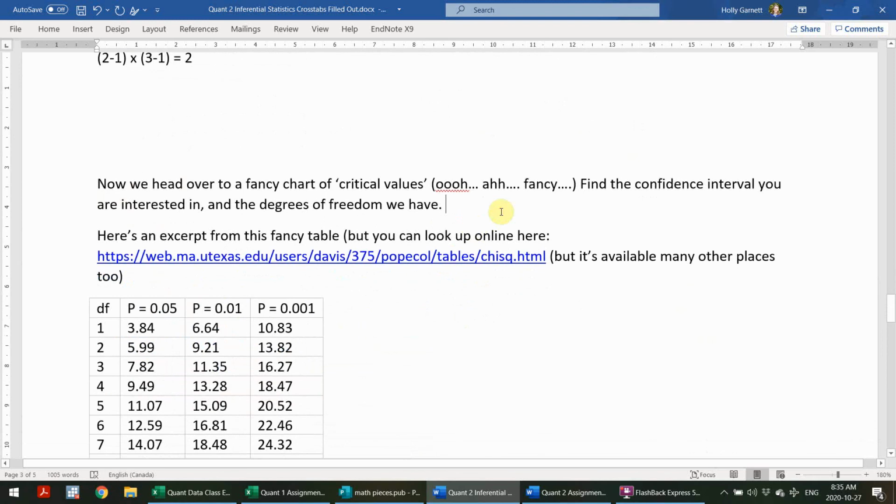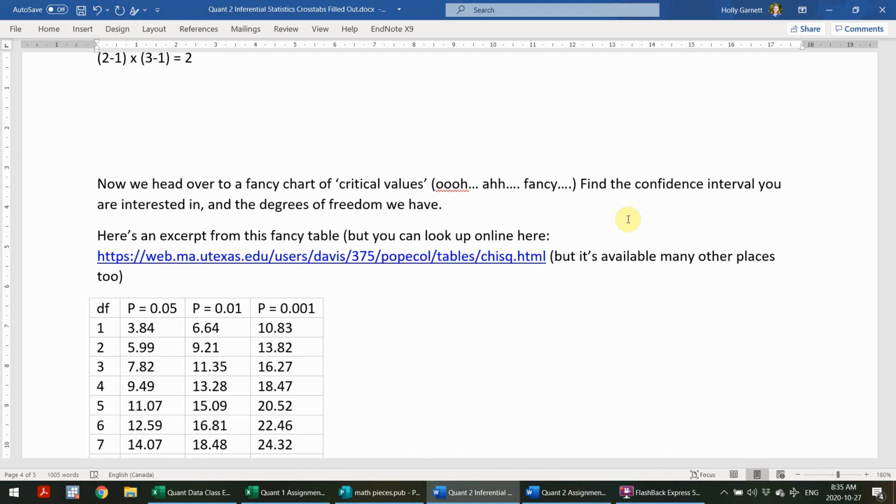So now we can head over to a fancy chart of critical values. This is just a thing that exists. You can find it on the internet. You can find it at the back of lots of textbooks. And essentially, this is what they all had to do before the computer would find it for them. They would go to the back of their textbook. So what we need to do, we have our confidence level that we're interested in.